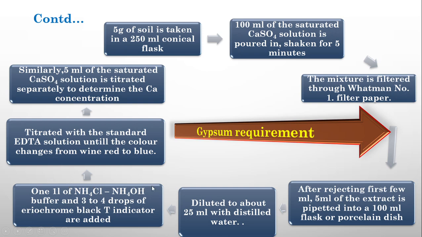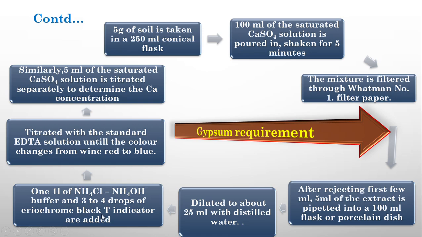It is a buffer solution, and 3 to 4 drops of Eriochrome Black T indicator. It is a coloring indicator. So these two are added to this 25 ml of diluted solution. Now this solution is titrated with EDTA, ethylene diamine tetraacetic acid, until the color changes from wine red to blue. So when this indicator, Eriochrome Black T, is added, its color will be wine red.